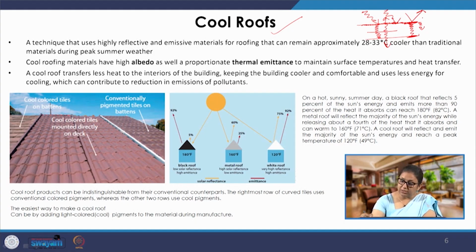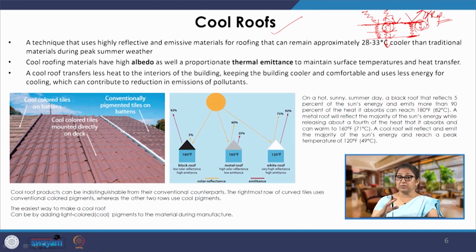So there is more reflection, so reflectivity is high here in such cool roofs, and whatever small amount is going to get absorbed, since it is going to get emitted both sides back, we are making the material such that more and more of this heat which is absorbed, even the smaller amount, is going to be re-emitted back. That is how the cool roofs work. You would have heard about cool paints in the market, they all function in the same manner, that they have a high reflectivity and also high emissivity.